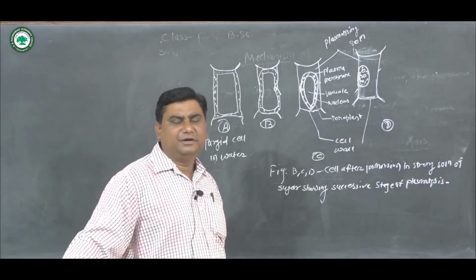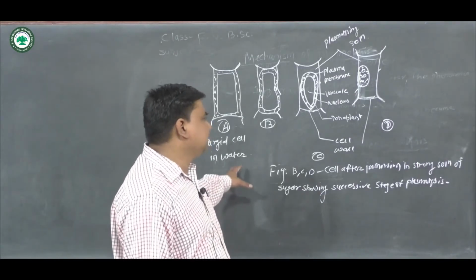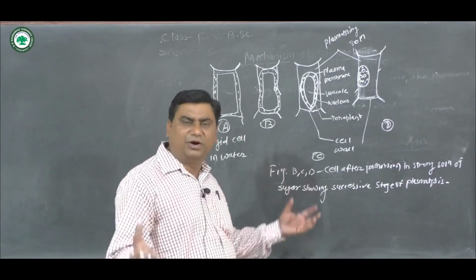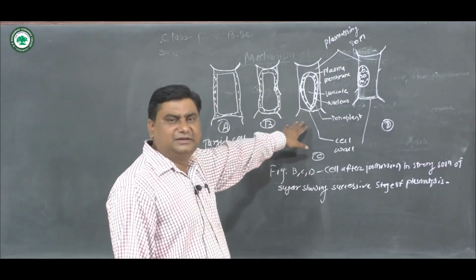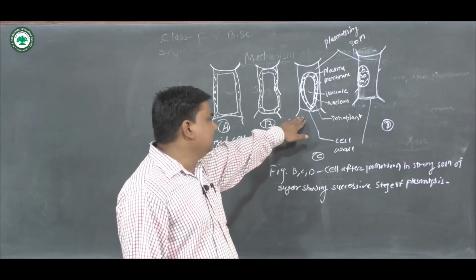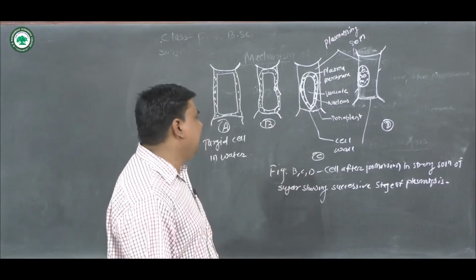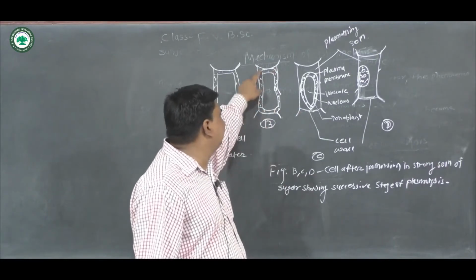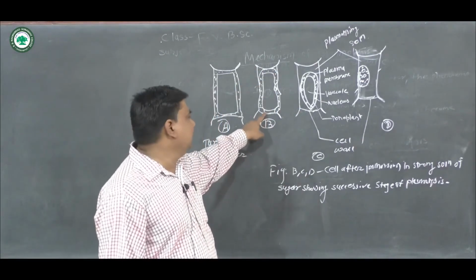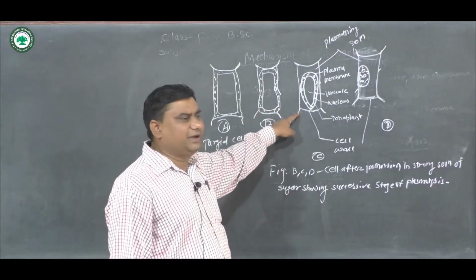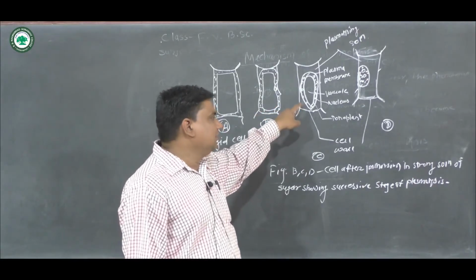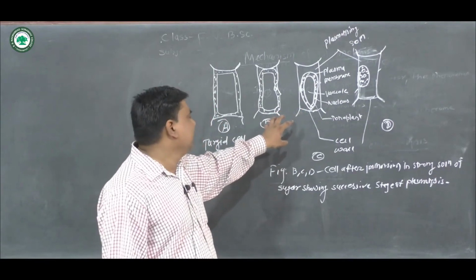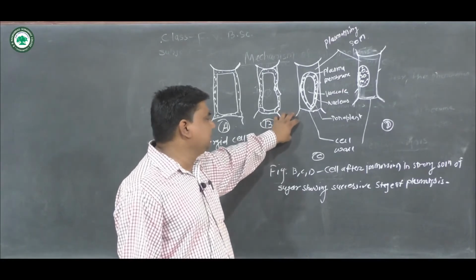Then in evident plasmolysis, the cell loses water continuously and shrinks further in volume. You can see the shrinkage of the plasma membrane. In figure C you can see further shrinkage in volume; you can compare both cells.